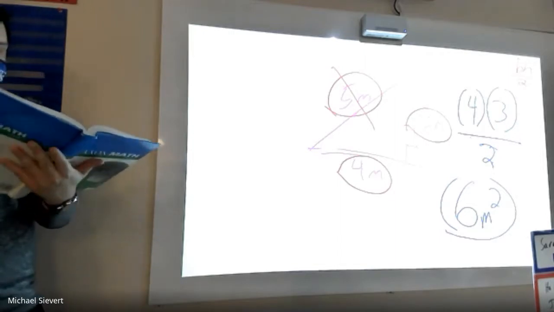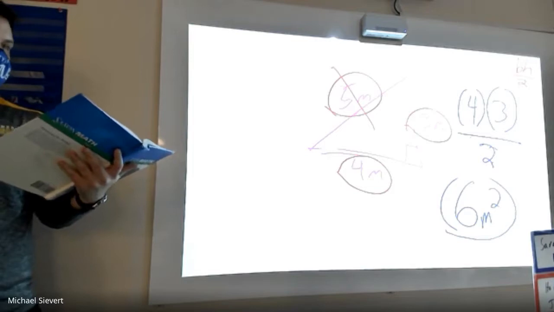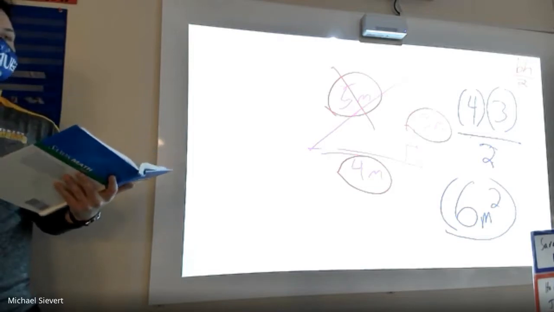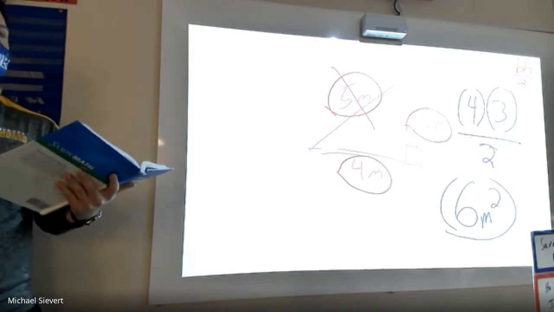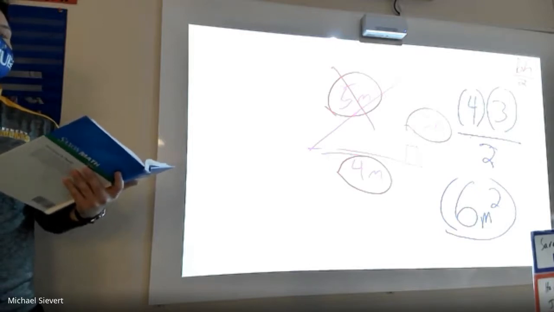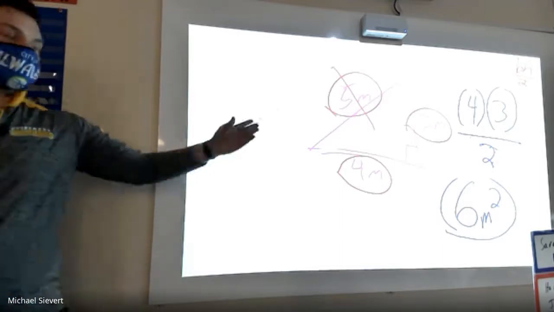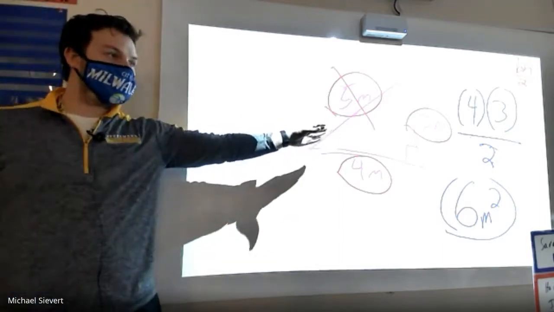Kingston. Because one side is slanted, you can't use that. Right, because it's slanted. It's not the base, and it's not the height.